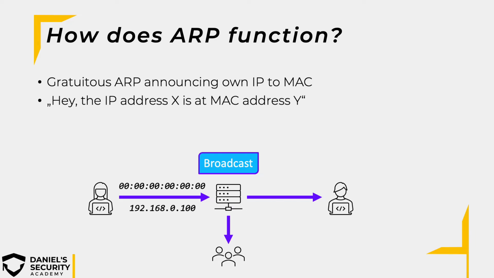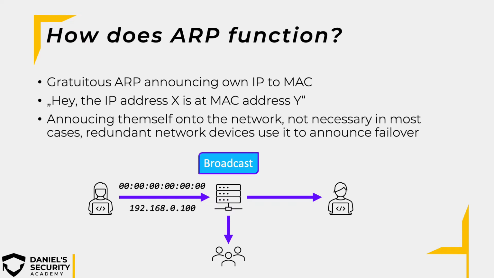Pretty much saying, okay, hey, the IP address X is at MAC address Y. So in the example at the bottom, we have the computer on the left side saying, okay, this MAC address, which is not a valid MAC address by the way, belongs to this IP address, and vice versa. This IP address belongs to this MAC address.